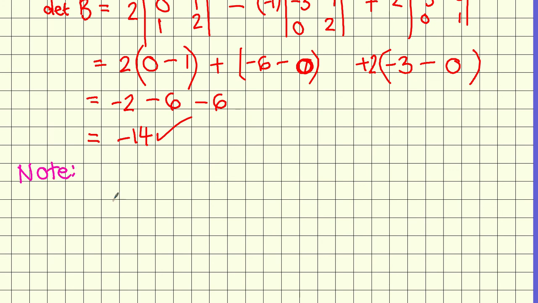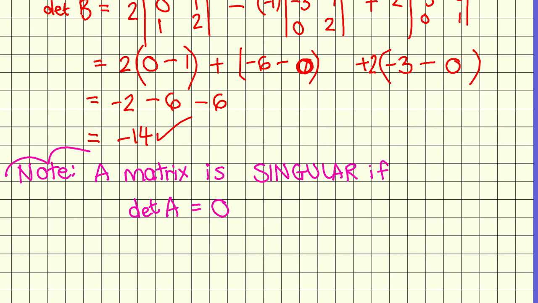So can you copy this in just underneath that example? Note. So a matrix is singular if your determinant, so I'll write det A, equals 0.